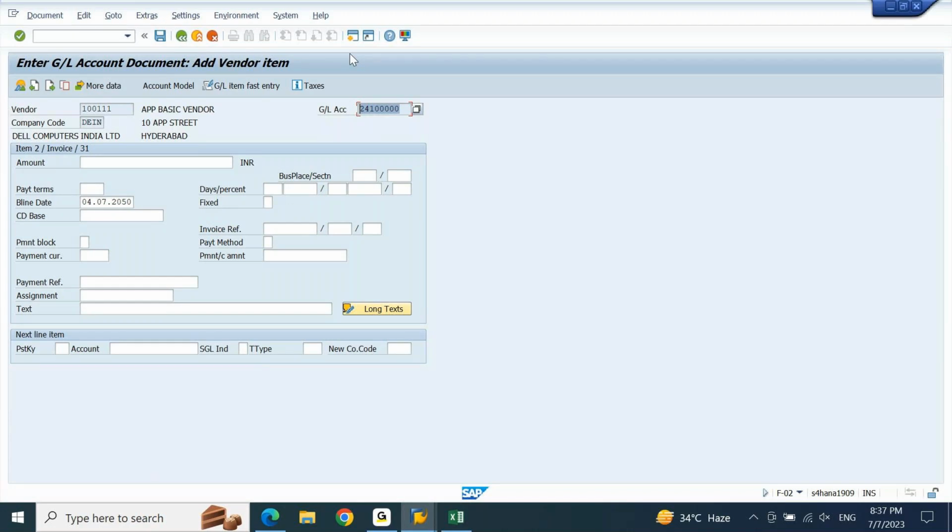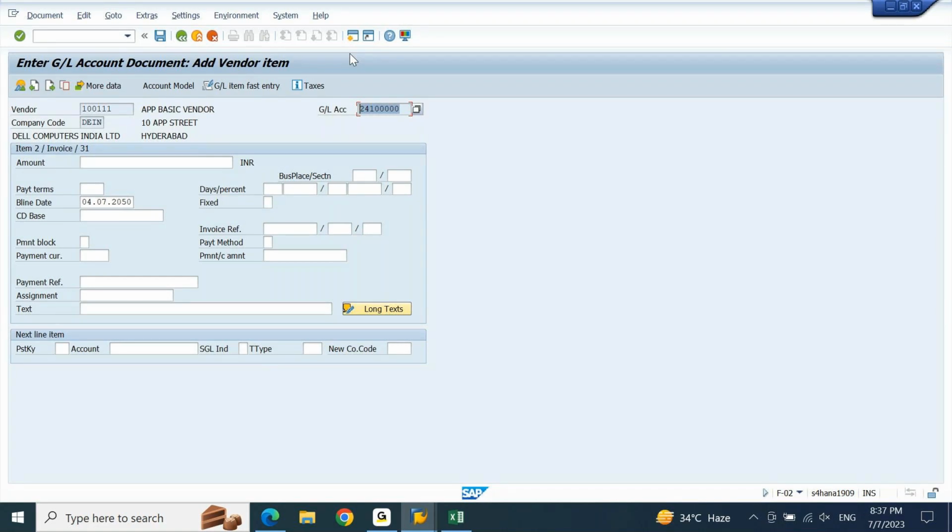Subledger is used for detailed reporting purposes. If you're talking about vendor, customer, or fixed asset, you need to get the report at the respective master level. If I'm talking about purchase, I need to be able to produce the report or data from the respective vendor: on what date I purchased it, at what rate I purchased it, when I paid this.